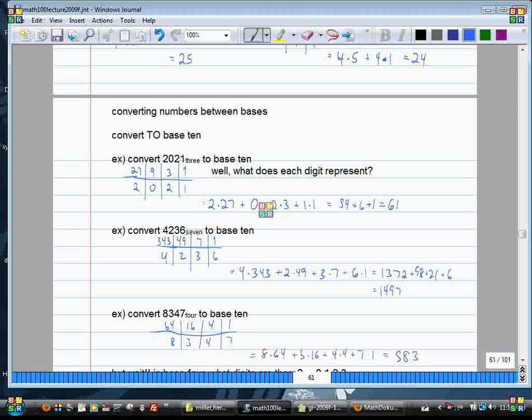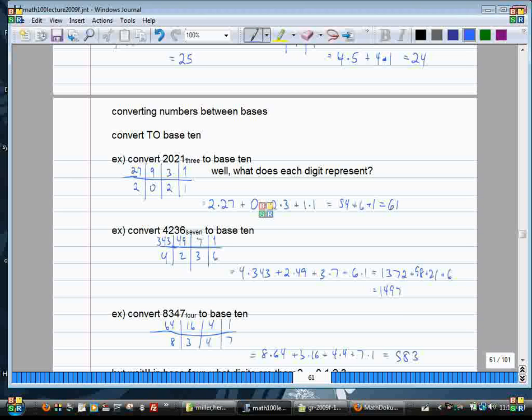So that's fantastic, and it's wrong. Right. What's the problem? What base are we in? We're in base 4.